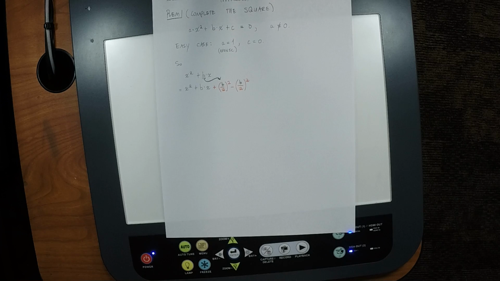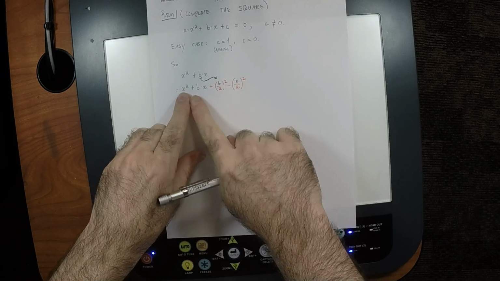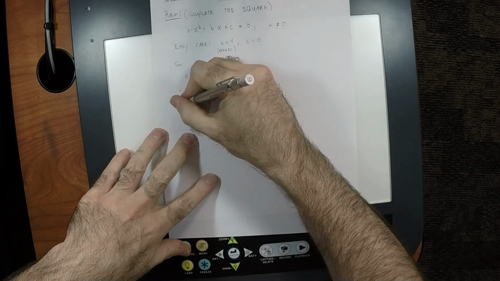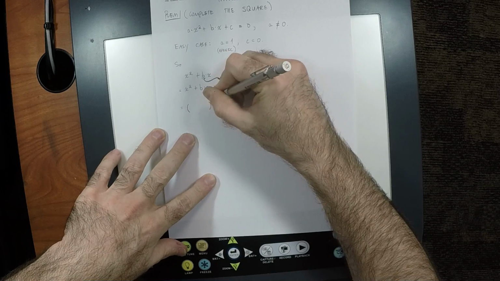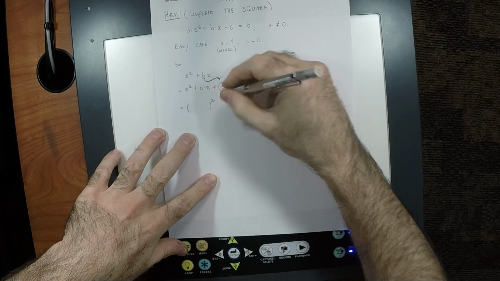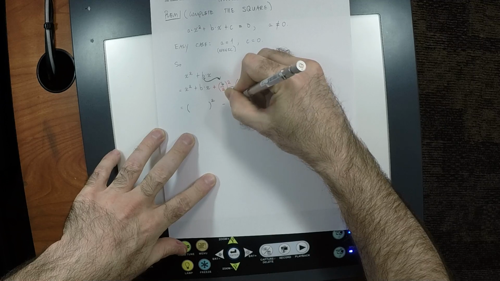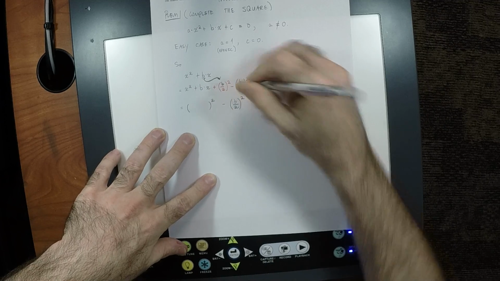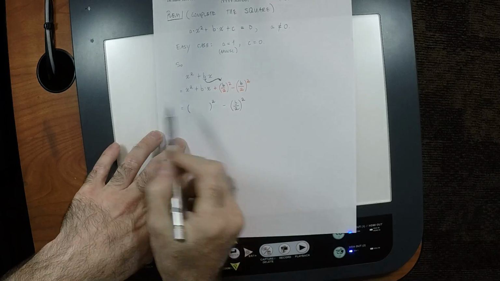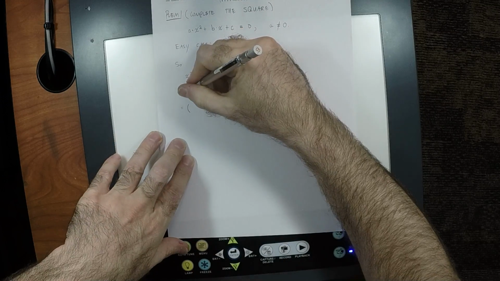Now, the first 3 terms right there, they factor, which is to say that we can write this as blah squared, and then subtract b over 2 squared, because that one stayed, and those 3 are going to become this 1.